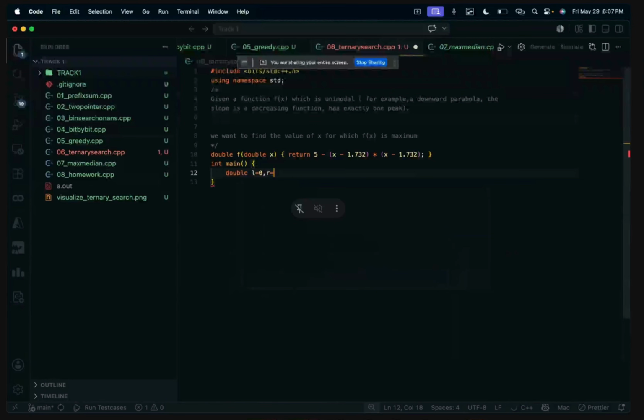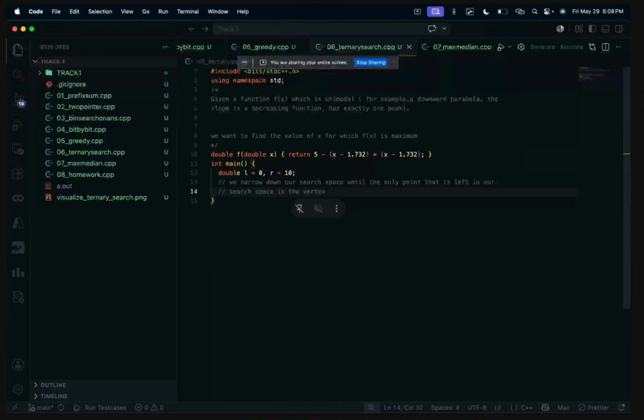That is, we know that the tip of the parabola is between L equal to 0 and L equal to 10, say. You might not always know this, but you can give some rough estimates of where the tip of the parabola is. Now what we do is, we narrow down our search space until the only point that is left in our search space is the vertex.